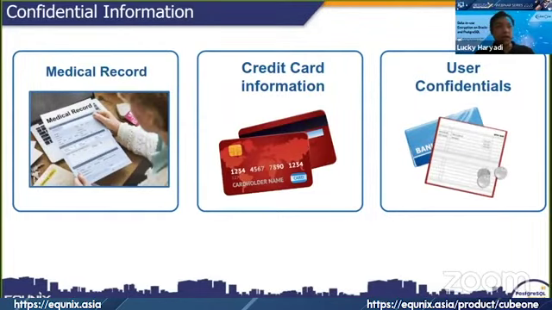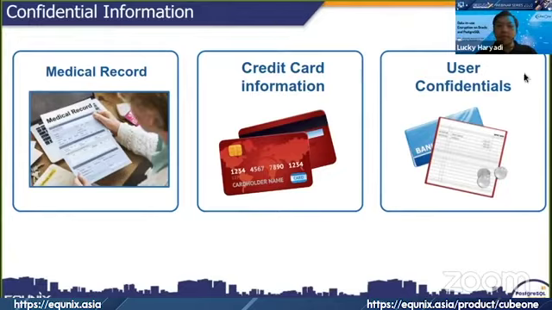There are many cases of fraud, abuse or carding. Credit card information stores our number and our CVV, and it is related directly to our finance, to our money. So it is also very sensitive and we have to protect it.